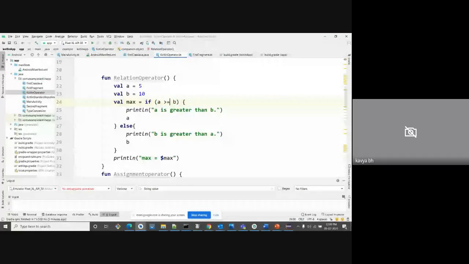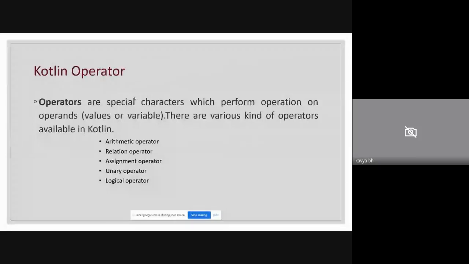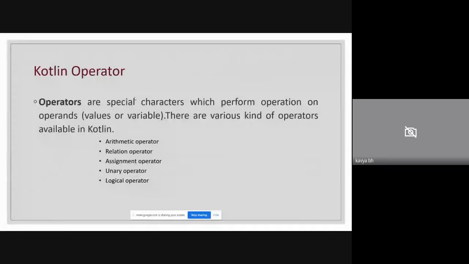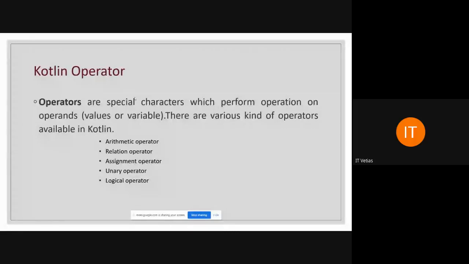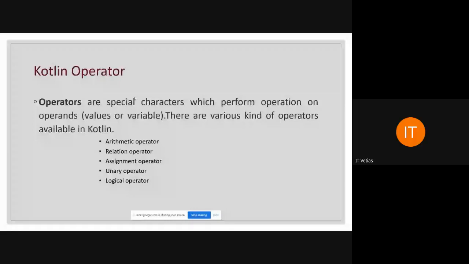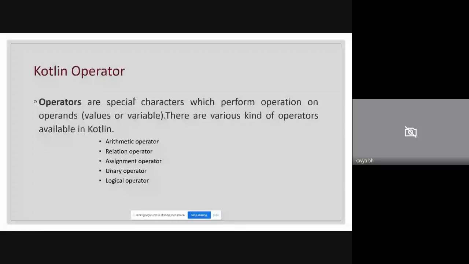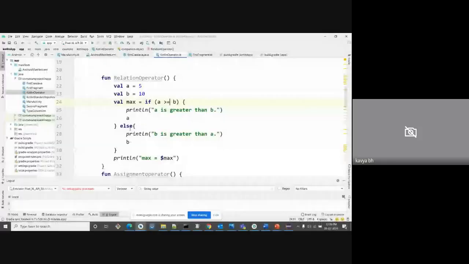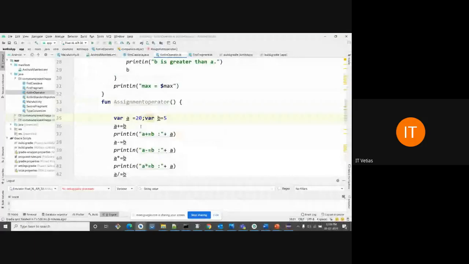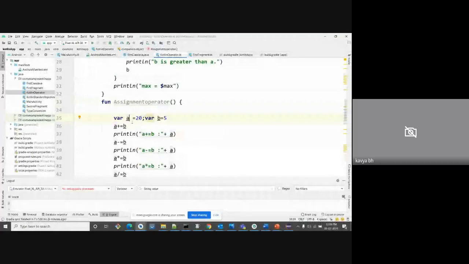So the next one is the assignment operator. As the name suggests, it is the assignment of values to another variable. The assignment of a variable goes from left to right and right to left. For example, here we are assigning one variable to another variable. A equals 20, B equals 20.